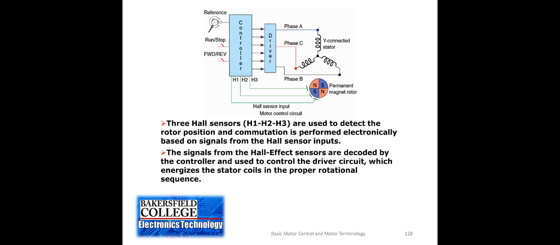We just wouldn't change the stator coils, their energizing and the pattern. We would just leave them energized the way that they were when the motor was stopped. And again, you have Hall effect sensors that help provide the feedback to make sure that the motor itself is operating correctly.